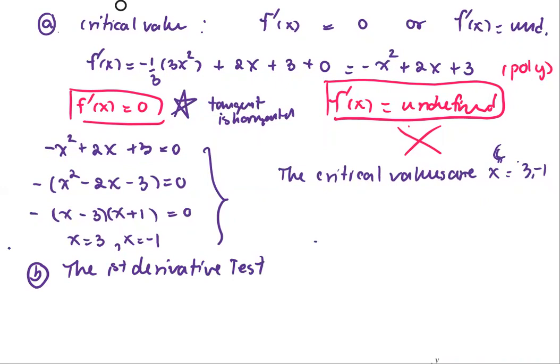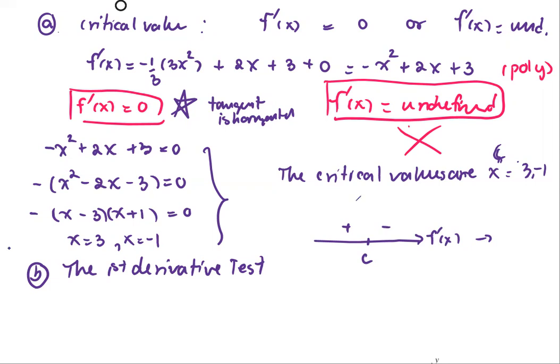When you draw the line, called the analysis line, you locate the c, or the critical value. If the sign of f prime changes from positive to negative, this is the case where there is a local change from increasing to decreasing, right?